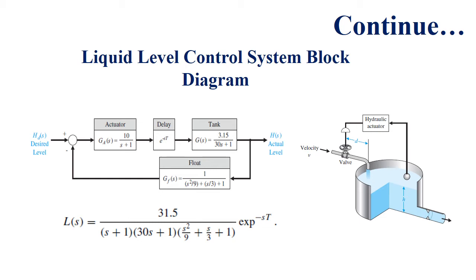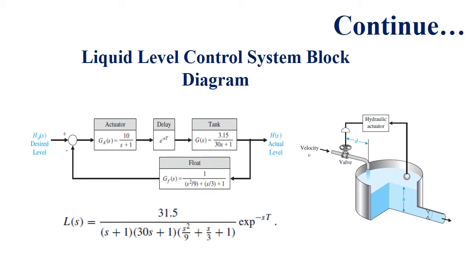Then I have the tank, the transfer function representation of the system modeling of the tank. Then I have the actual level of the water, and the actual level will be fed back towards the input by using the sensor. The sensor is a float sensor, and here I am taking the transfer function of the float sensor.